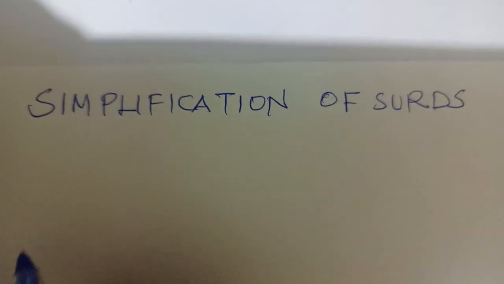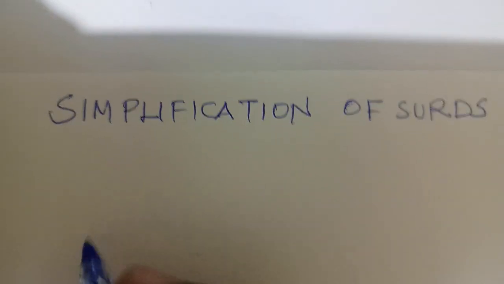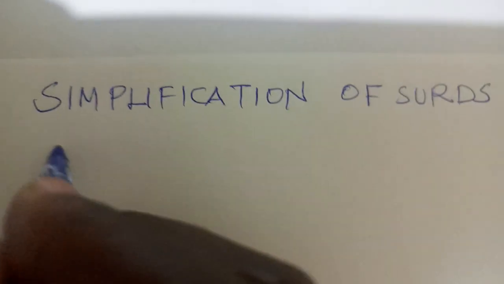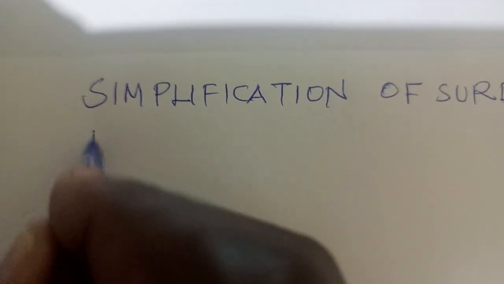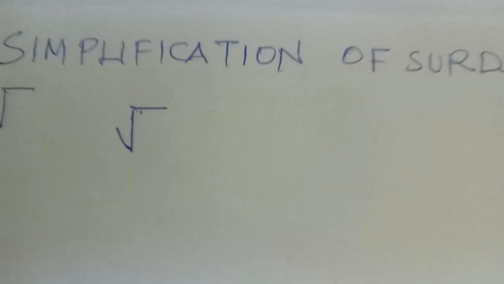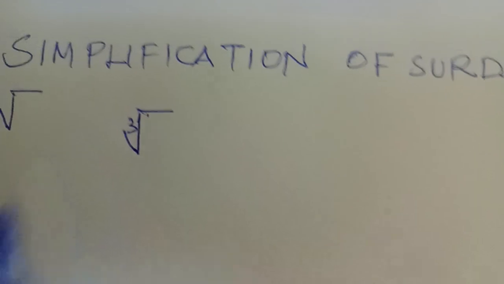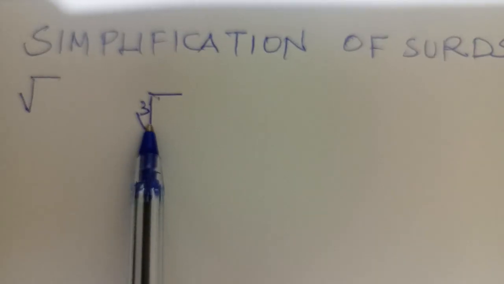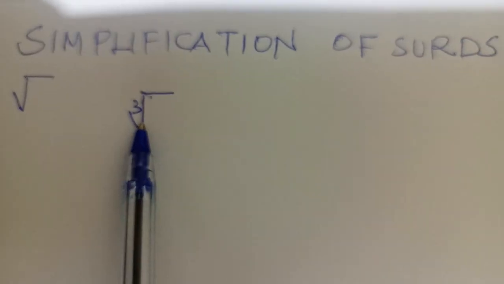By root we mean either square root, and for square root we have, for instance, a radical. This symbol is what we refer to as a radical. When you have that radical with no number appearing on it, we call this a square root. If you have another radical like this, it's a cube root.